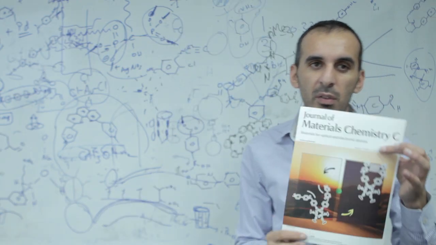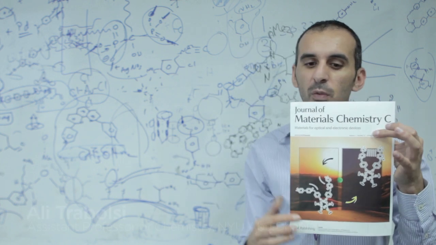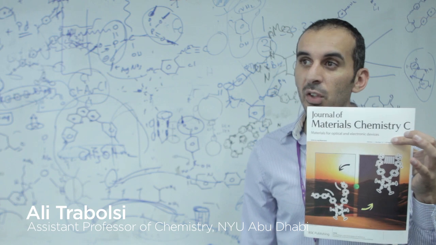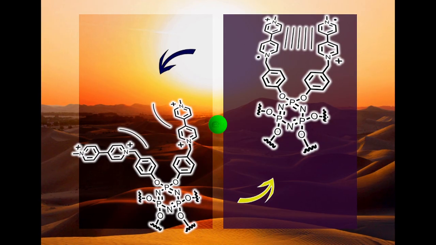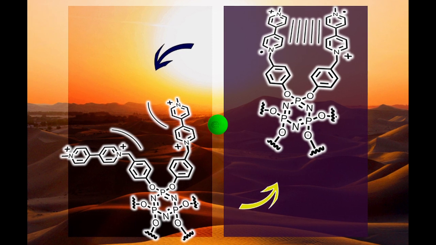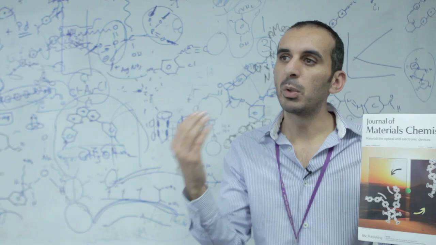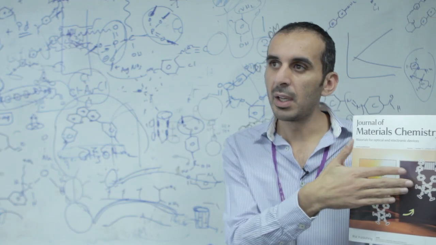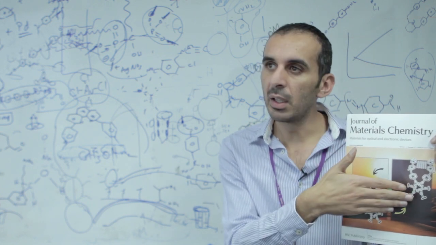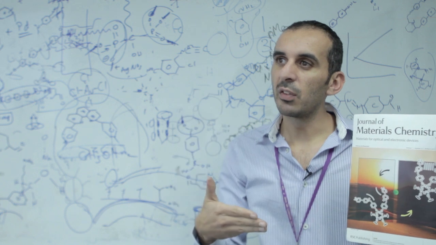That was published recently in the Journal of Materials Chemistry C, and we were selected to give the cover. As you can see here, we have this molecule where we can switch its properties between transparent and opaque, and by switching on and off, you can block the sunlight and save energy.